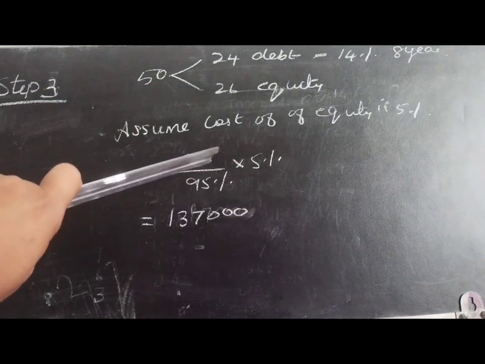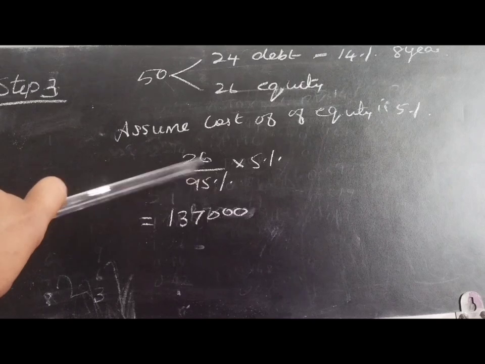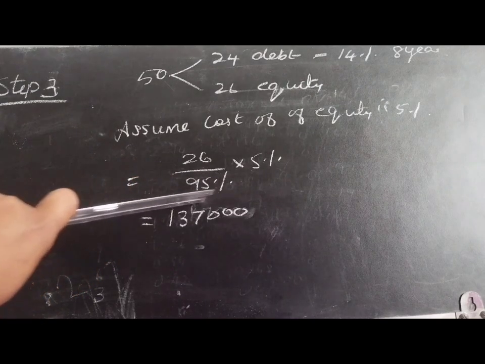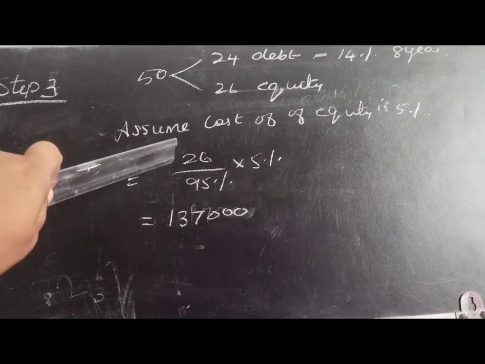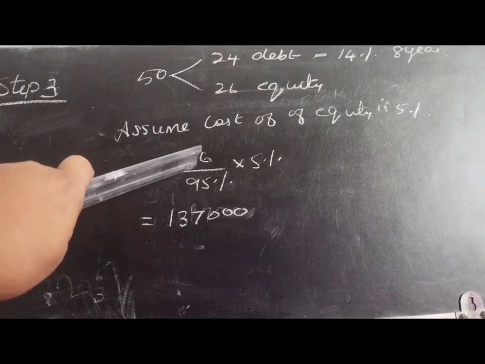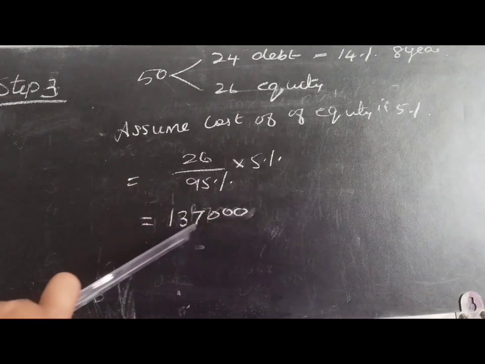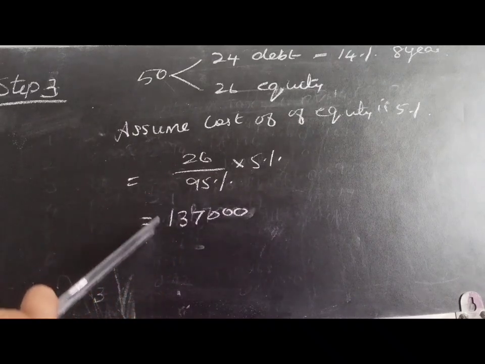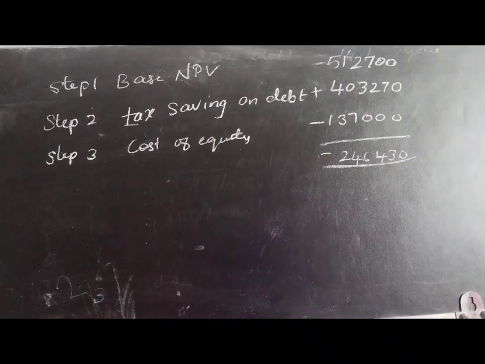So this 26 lakh is excluding the 5%. When we deduct the 5% from the 100, we will get 95%. So 95% is the 26 lakh equity amount. So for 5%, we will get 1,36,800 something. In the book they have rounded off and given us 1,37,000.